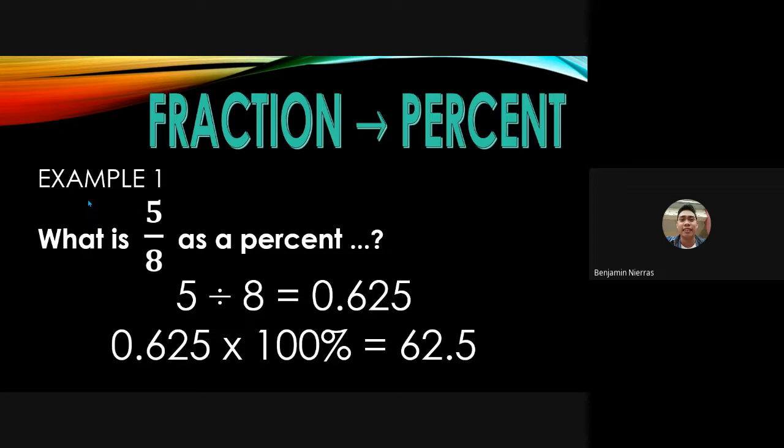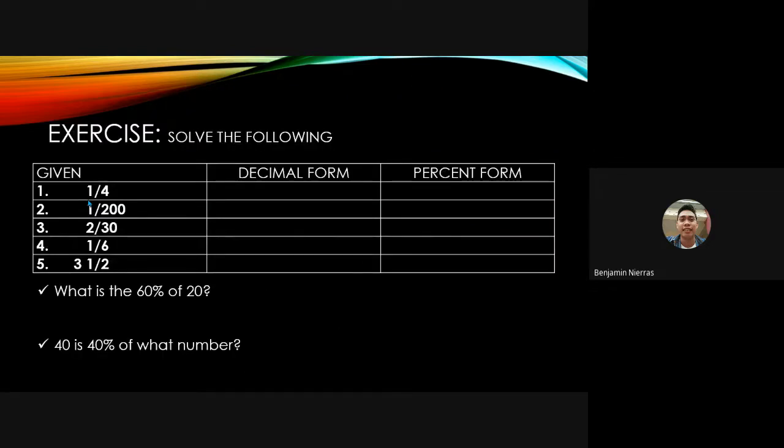Just affix the percent sign. Then make your answer into two decimal places. So the final answer is 62.50%. No percent sign, wrong. Okay, two decimal places always.